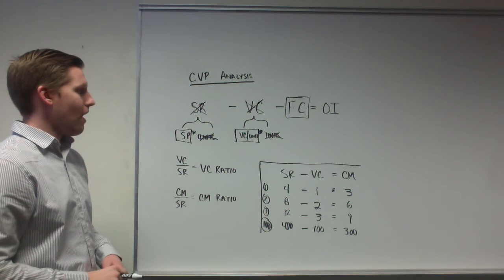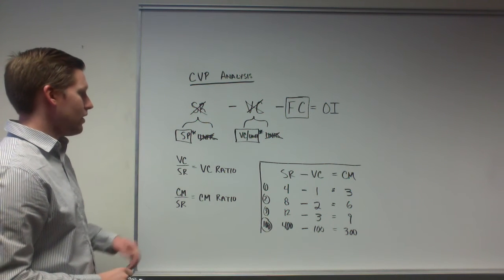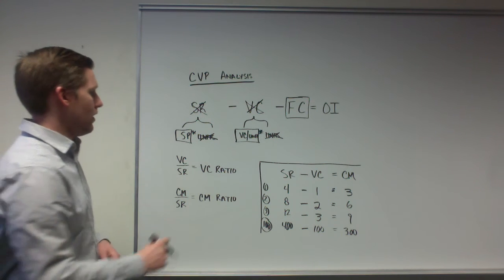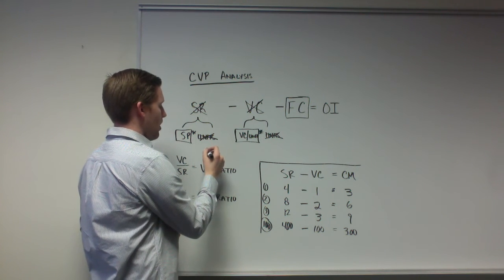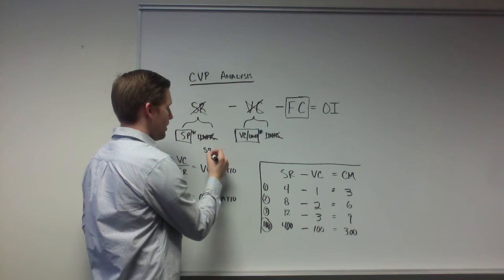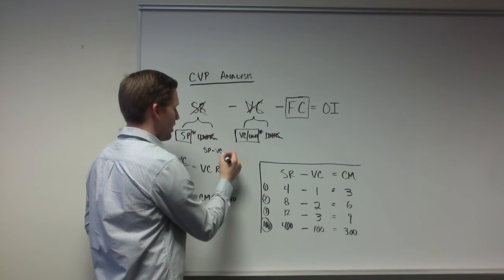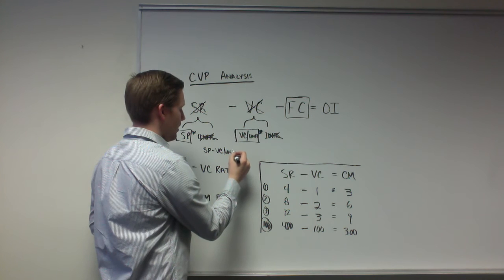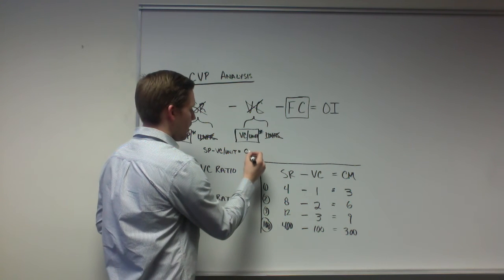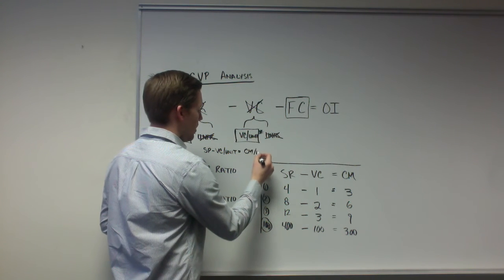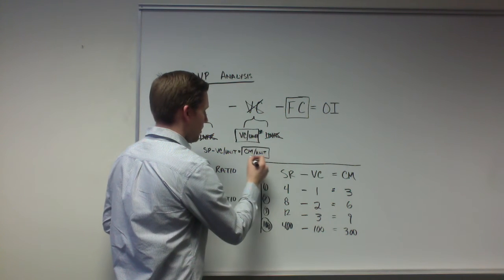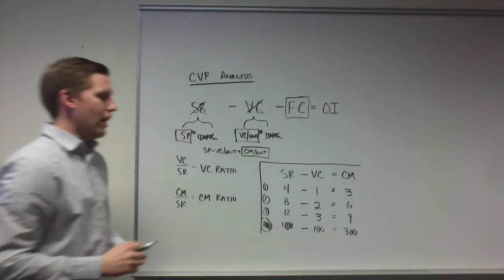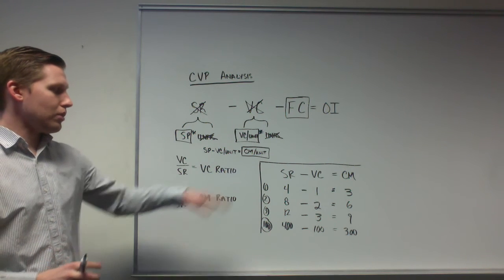Okay. Also, we have sales price. So I'm going to write this in. I didn't put this in before. But your sales price minus your variable cost per unit equals your contribution margin per unit. So there we have contribution margin per unit.